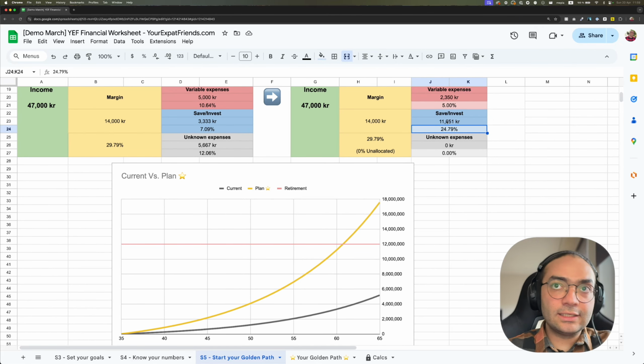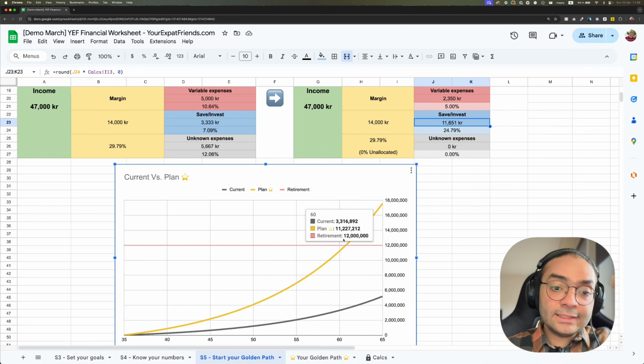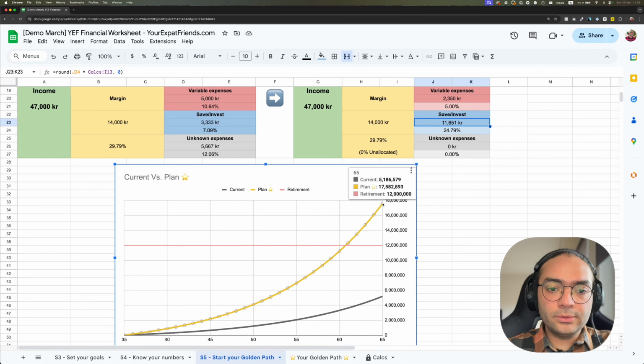If you do that, 11,000 kroner per month, then by the time you are 65 years old, you are going to have 17 million kroner built up. That means you are even above your retirement goal at 65.